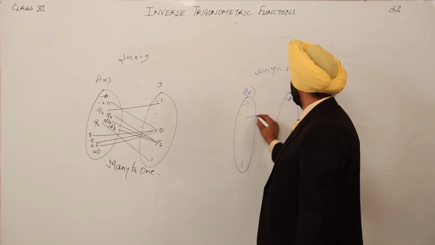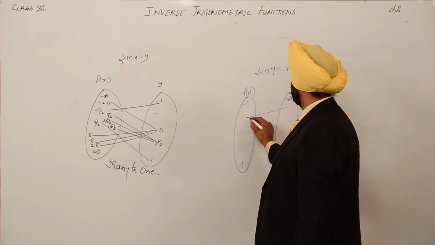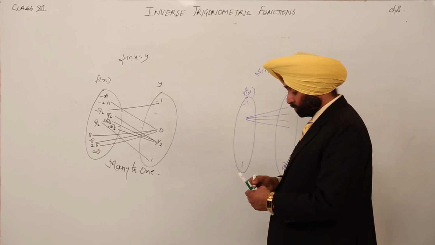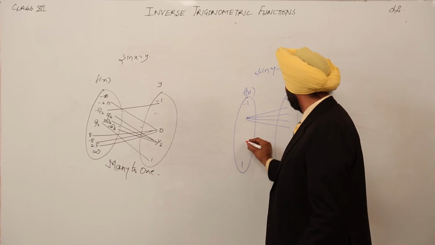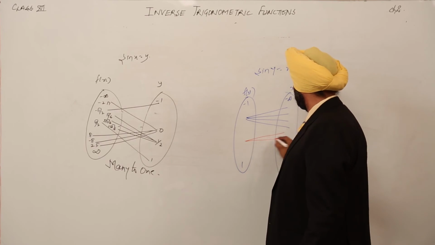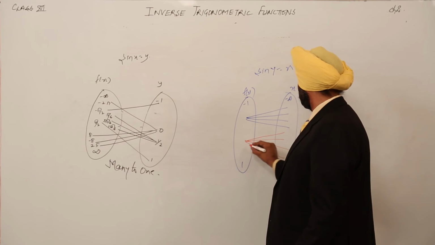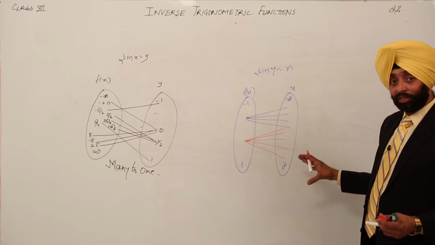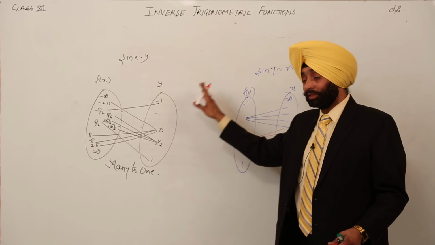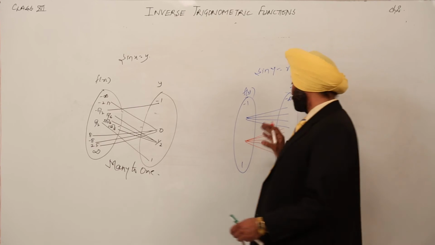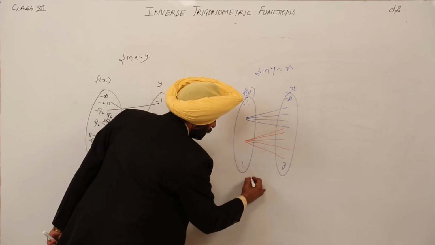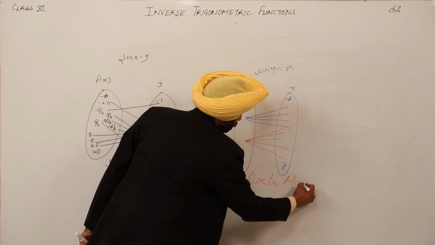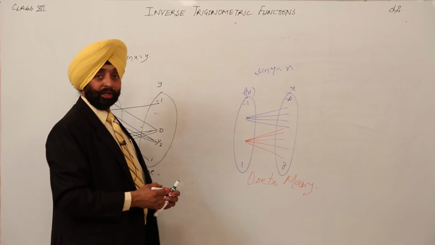We are getting for one value, suppose like this one, for a second value any other value, like this one. Now what is the difference between these? This is a function, this is a relation. This is not a function, it is a relation, and it is from 1 to many.